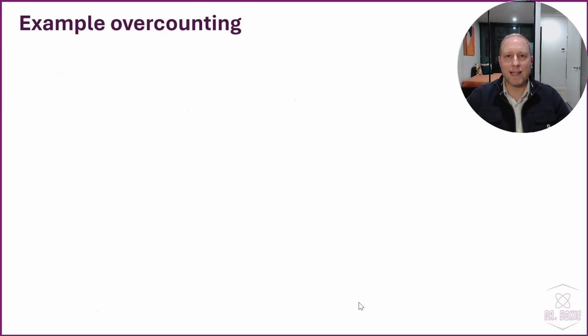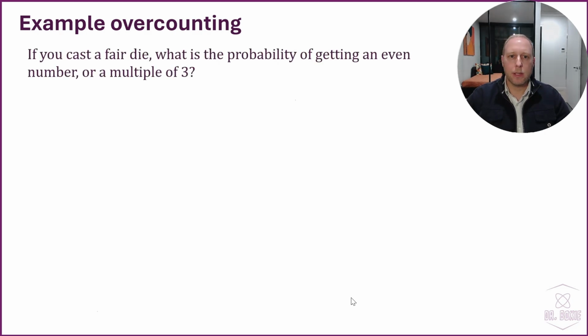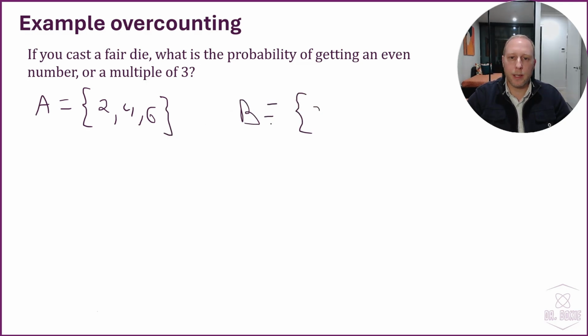Let us look at this last property at work using a numerical example. If we throw a fair die, I want to know what the probability is of getting either an even number or a multiple of 3. So event A would be an even number, meaning it is either throwing a 2, a 4, or a 6, while event B, throwing a multiple of 3, would be throwing a 3 or a 6.